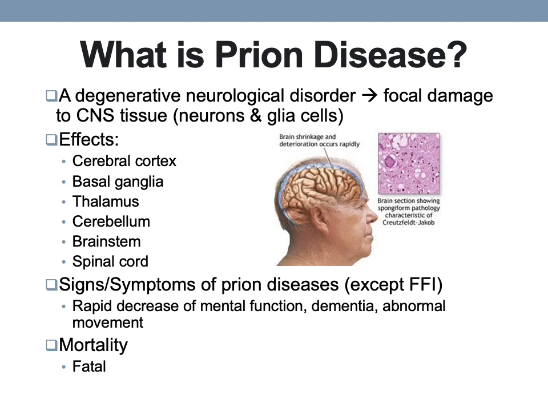The signs and symptoms of Prion disease, with the exception of fatal familial insomnia, are a rapid decrease of mental function, dementia, and abnormal movement, particularly if it gets the basal ganglia. And the mortality is fatal. In fact, all Prion diseases are fatal.